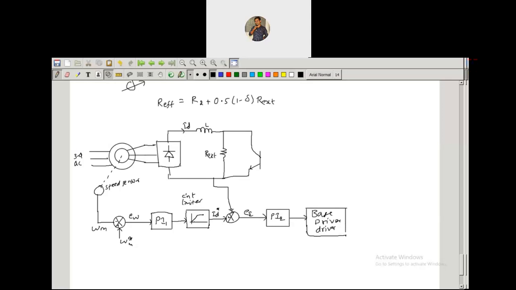This will be given to the base of the power semiconductor switch.